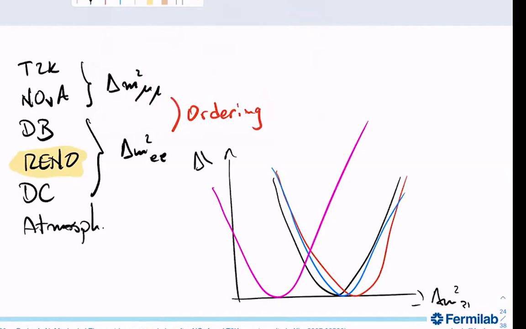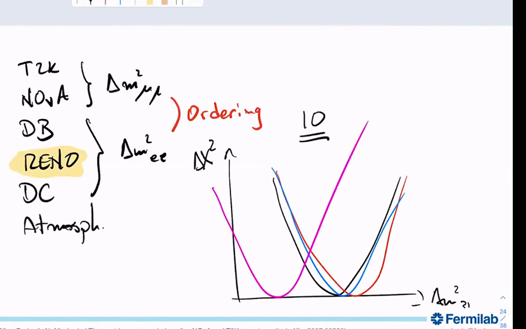This would be delta chi-square, which means that Reno is introducing a tension in the inverted ordering. But now you're combining 5 or 6 data sets to get a delta chi-square of about 4 or 5.